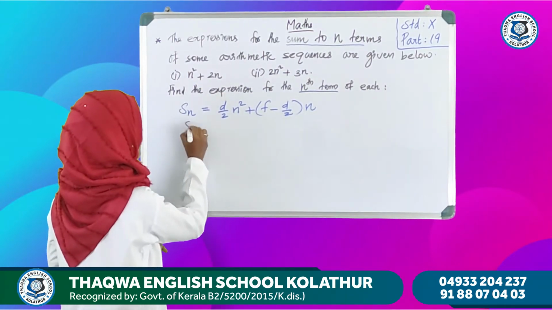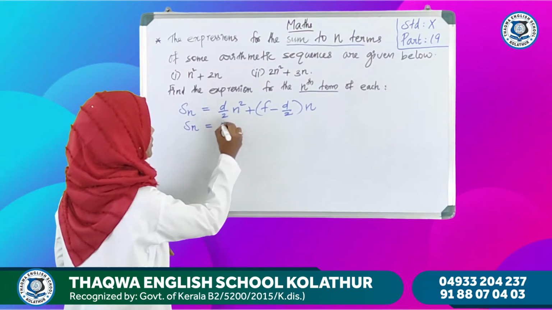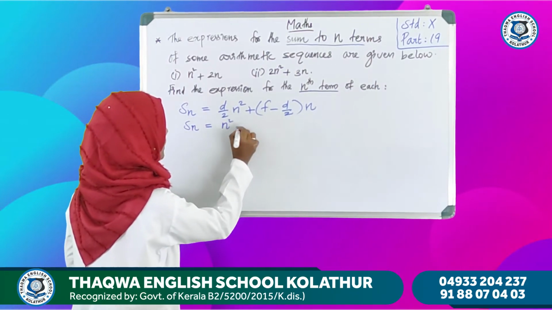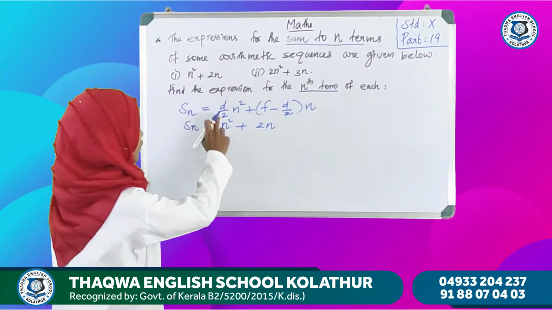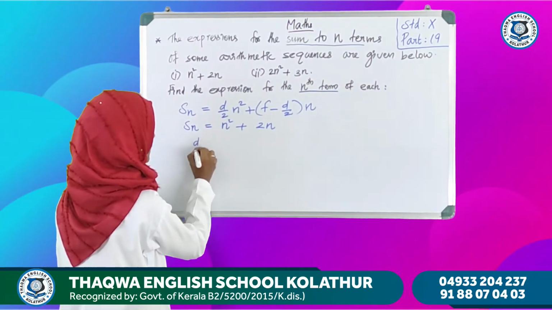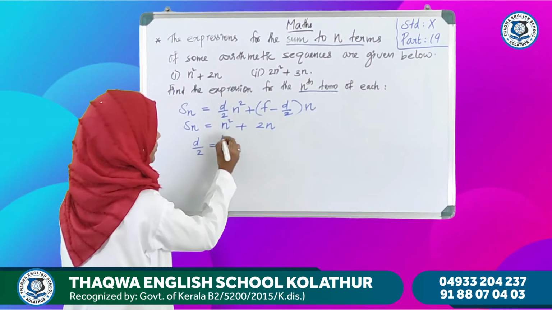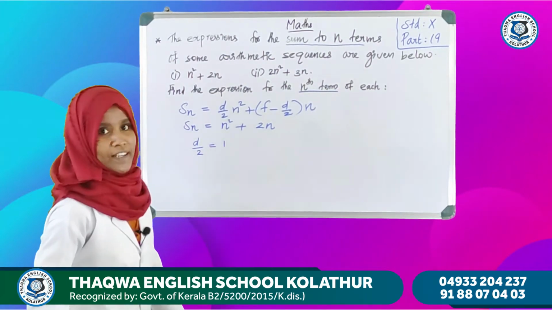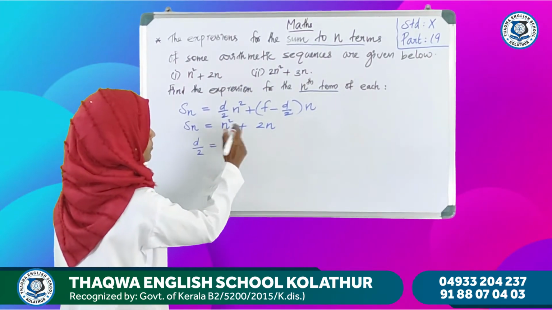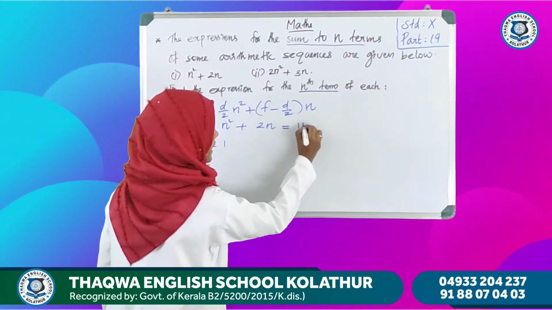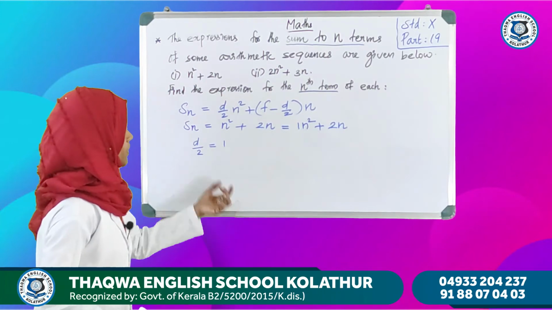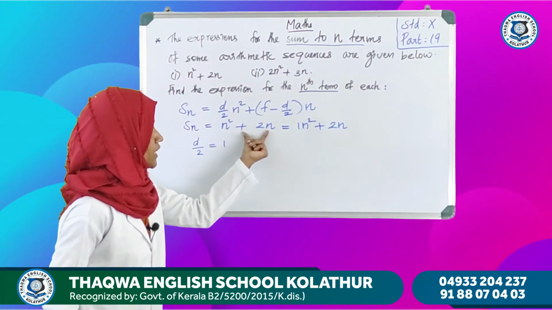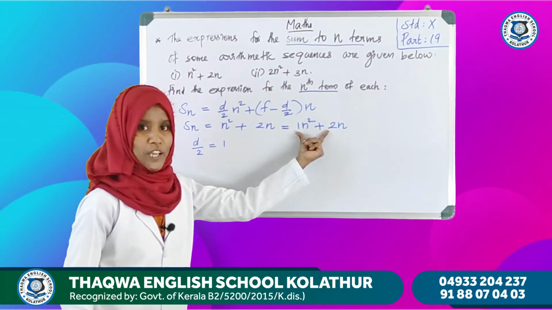Now we have given the sum of n terms n square plus 2n. From this we can write d by 2 equals 1. Here n square means 1n square, so n square plus 2n is 1n square plus 2n.